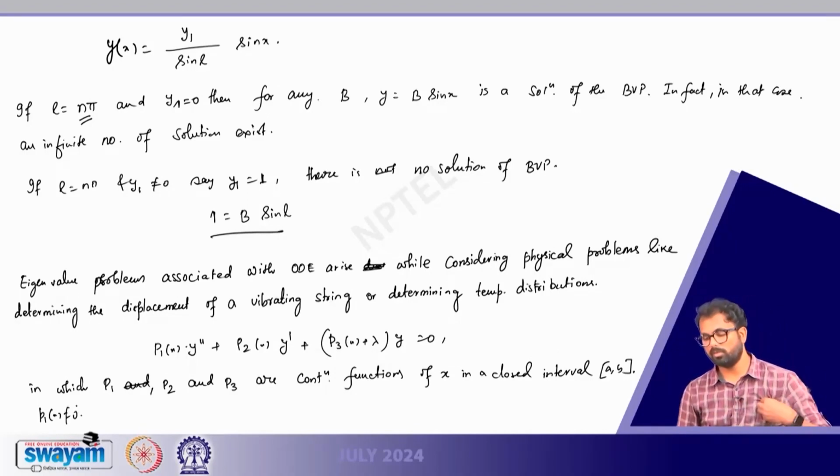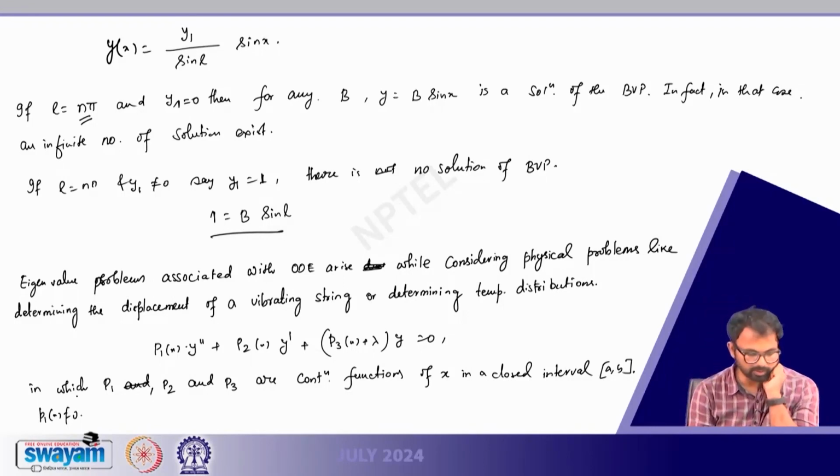So then the order will be reduced, and we do not want that. So P1(x) must not be 0.